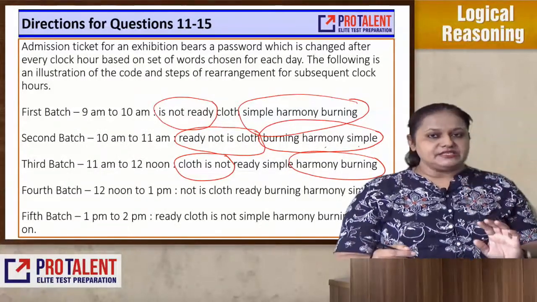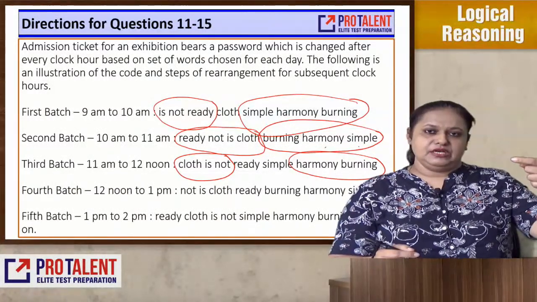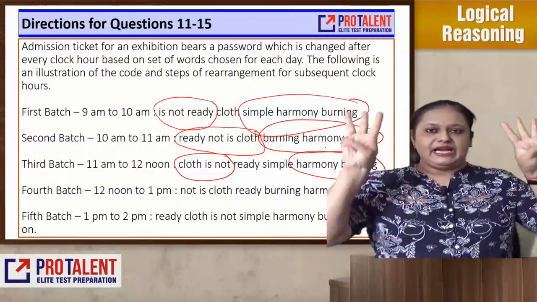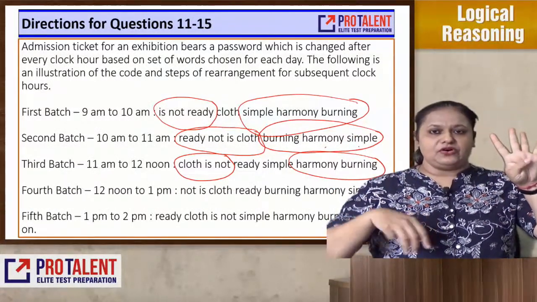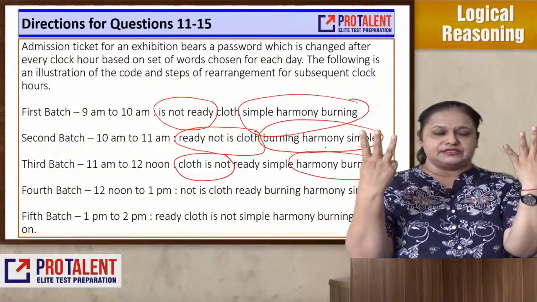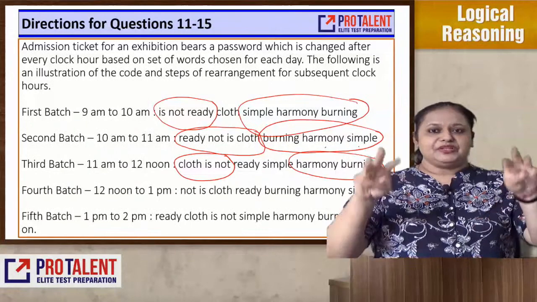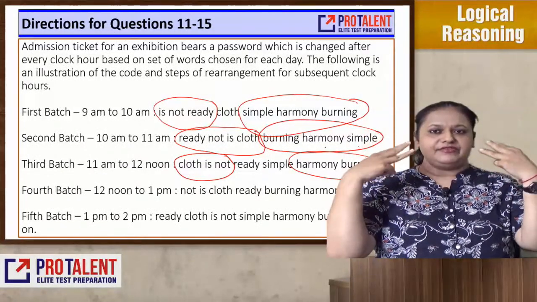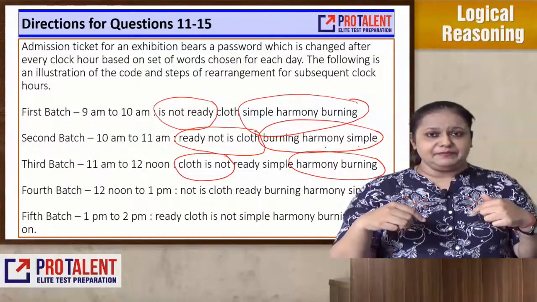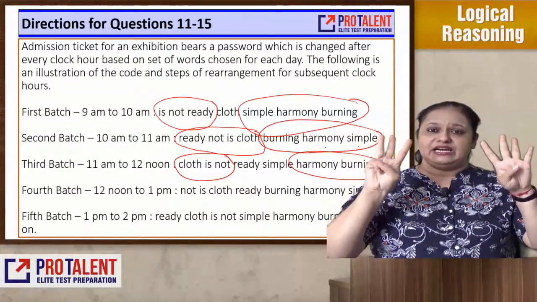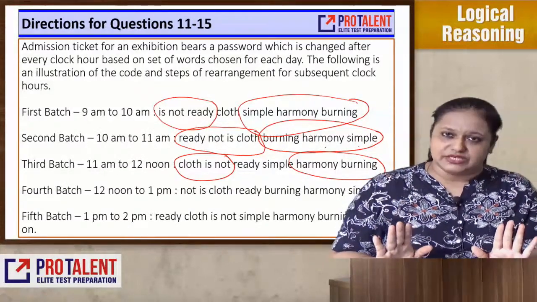So the logic is very simple. In the input, first 3 and last 3. Then from second to third, first 4, last 3 you have to reverse. Then again in the next step, first 3 and last 3 we are reversing. Then again next step, first 4 and last 3 we are reversing. This is what the logic is.